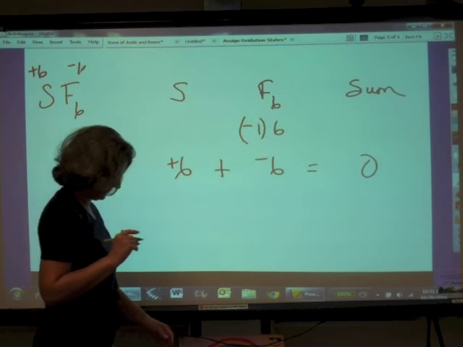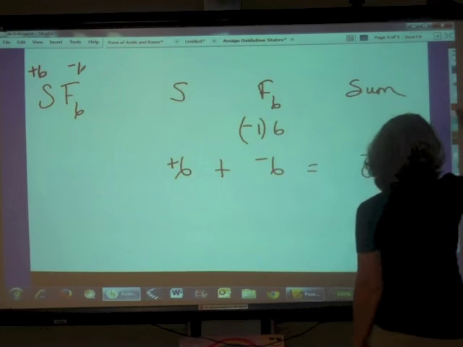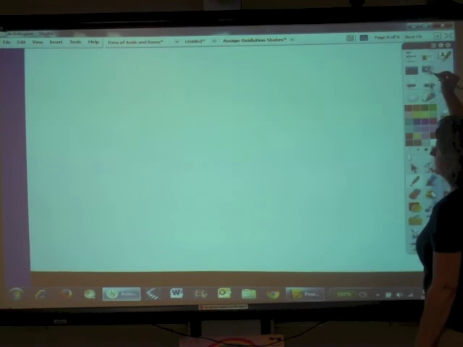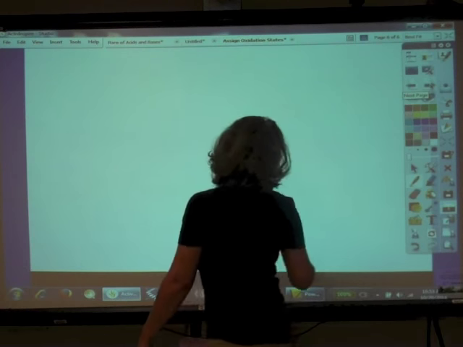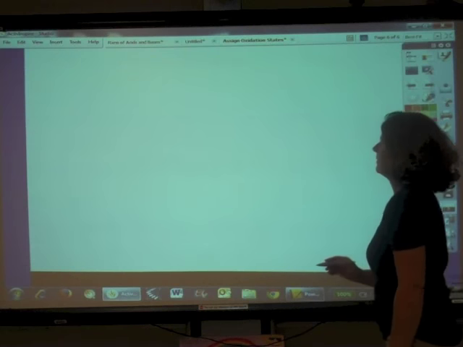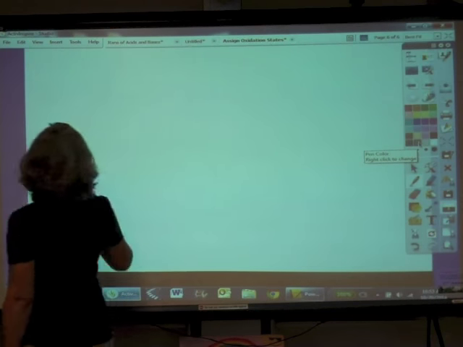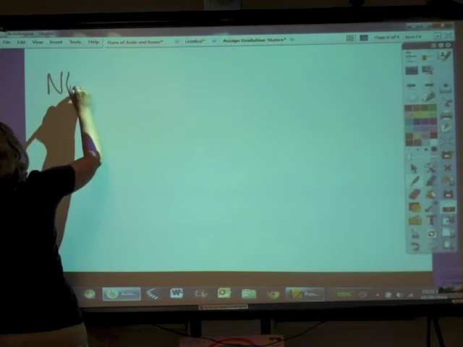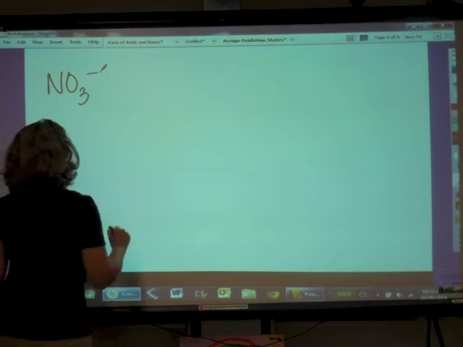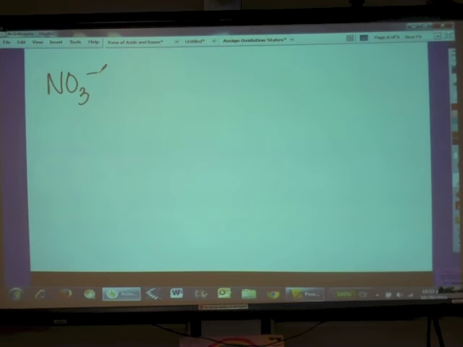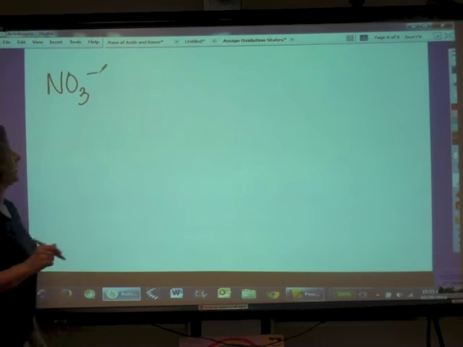Okay. How about nitrate ion? So we're going to find the oxidation states of all the atoms in this nitrate ion. So we have nitrogen.